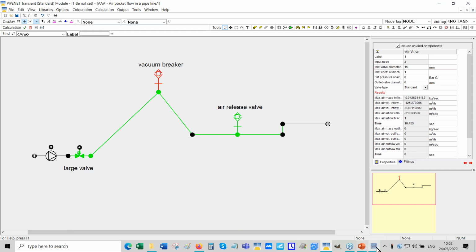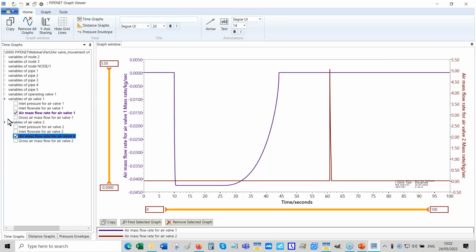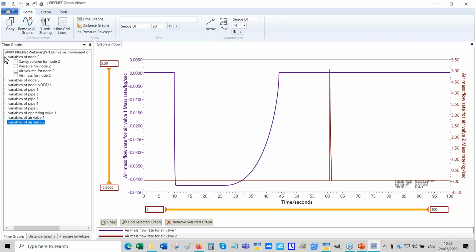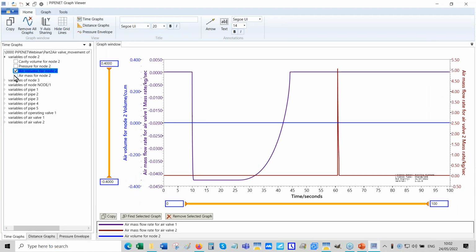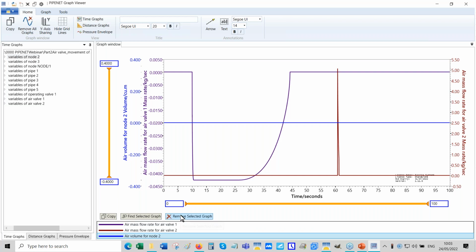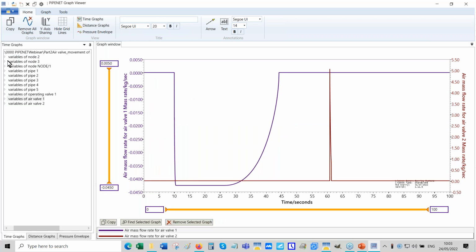We can also look at what happens in pipes 2 and 3. Let me just delete that. Pipes 2 and 3.